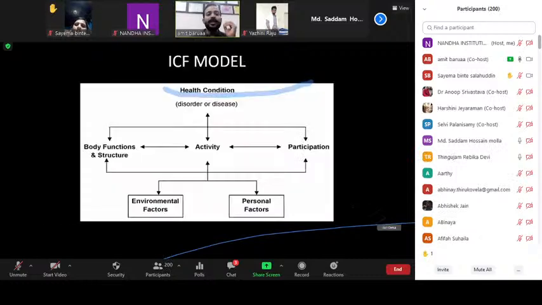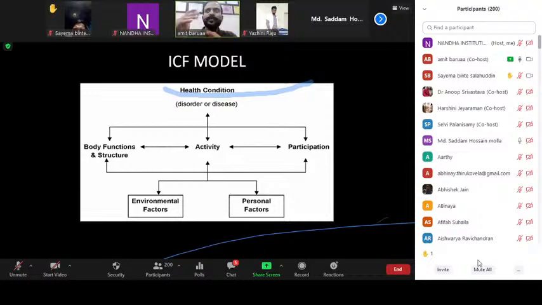This is the one slide which I really want you to understand. Some factors are mentioned: body function and structure, activity, participation, environmental factors, personal factors, and the health condition, which is on the upper side. Before going to cerebral palsy, I'll give one simple example.